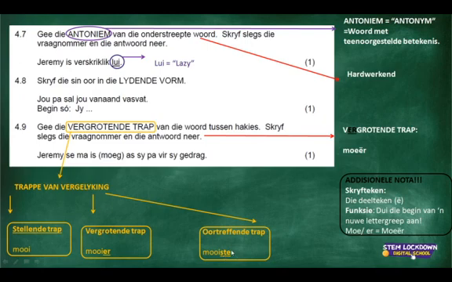Now, in the exam, when you are extremely nervous and sometimes you can't think straight because you're just so stressed and you're confronted with all these Afrikaans words that you do not understand, just remember, when you see the word vergrotende trap and you're not sure which one they are looking for, a quick cheat is to look at the word vergrotende trap, and you will see there is an ER at the beginning of that word, and that is your reminder that they want you to add ER to the word.